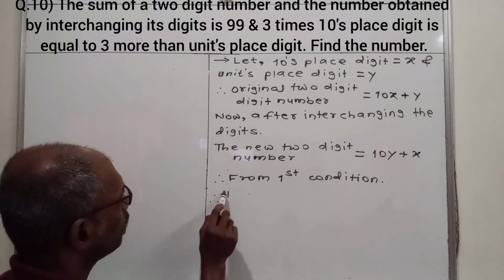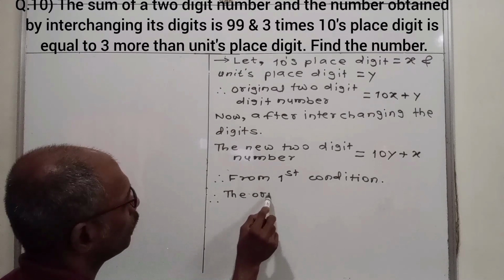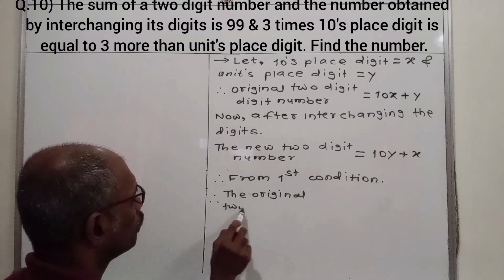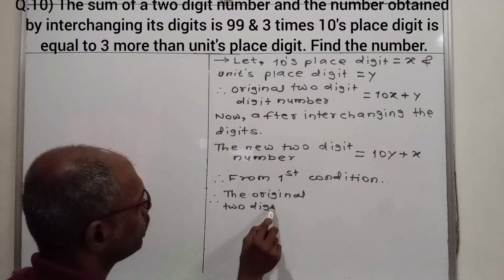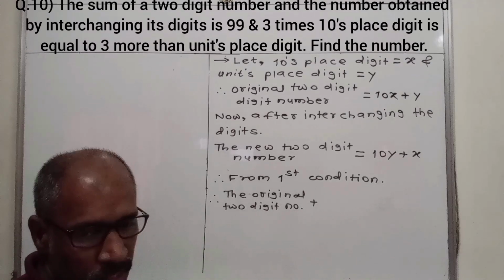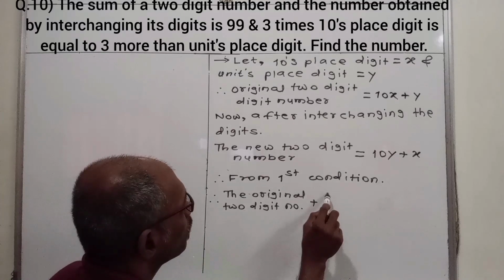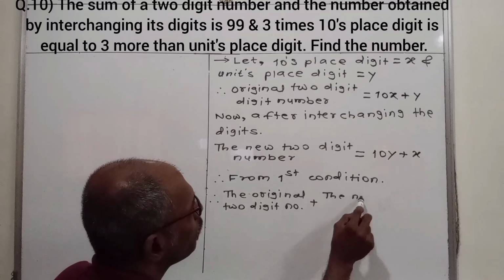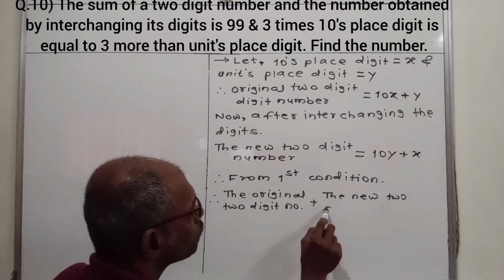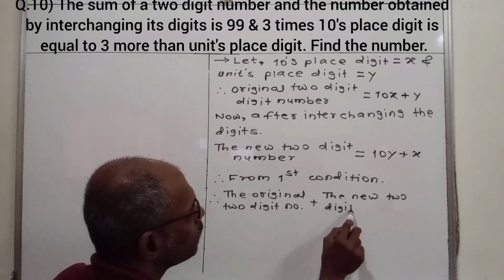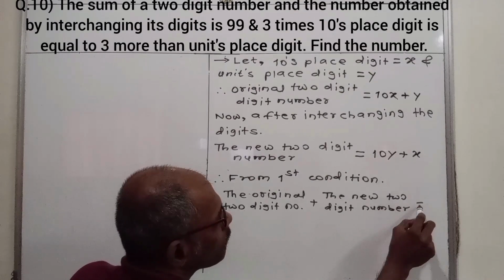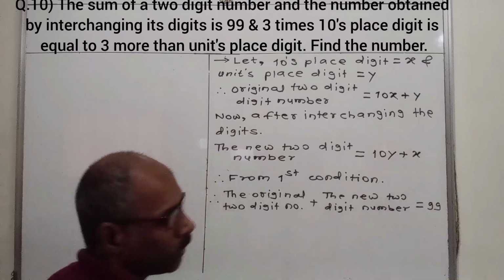Therefore, the original two-digit number plus, sum so we write plus, the new two-digit number is equal to 99.